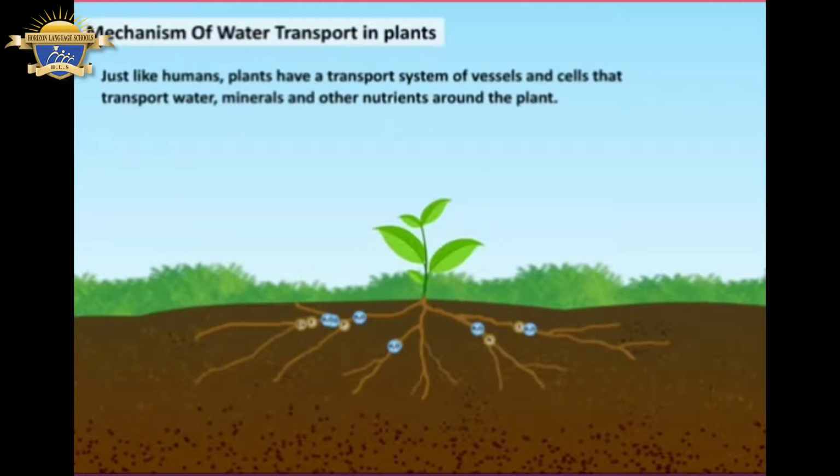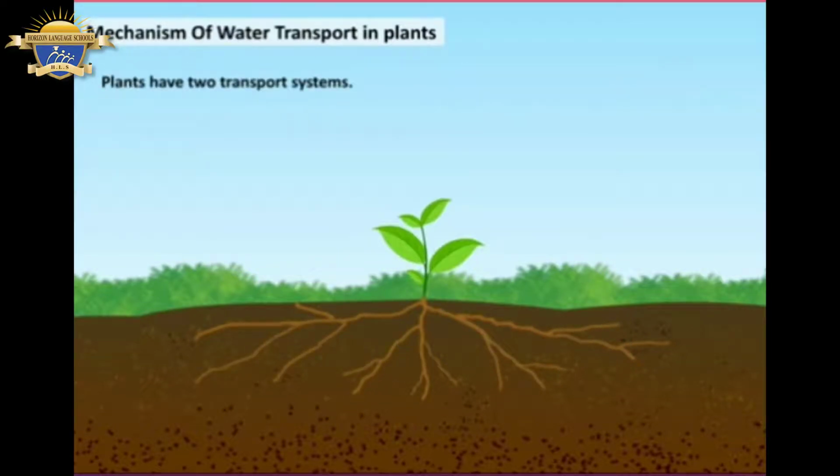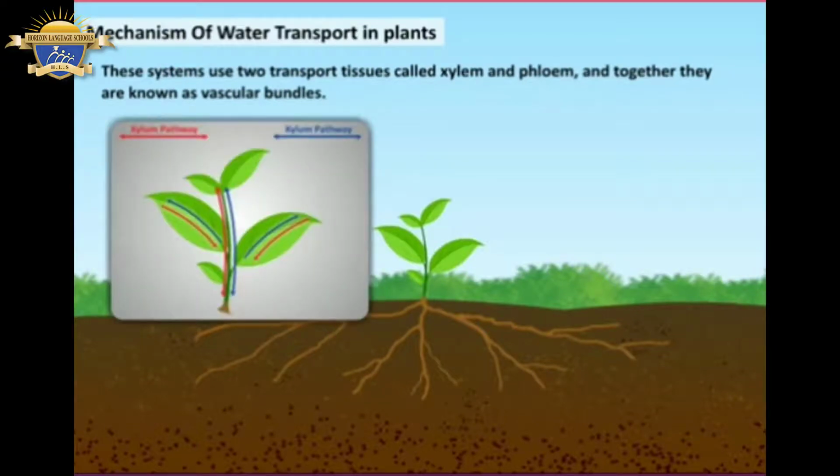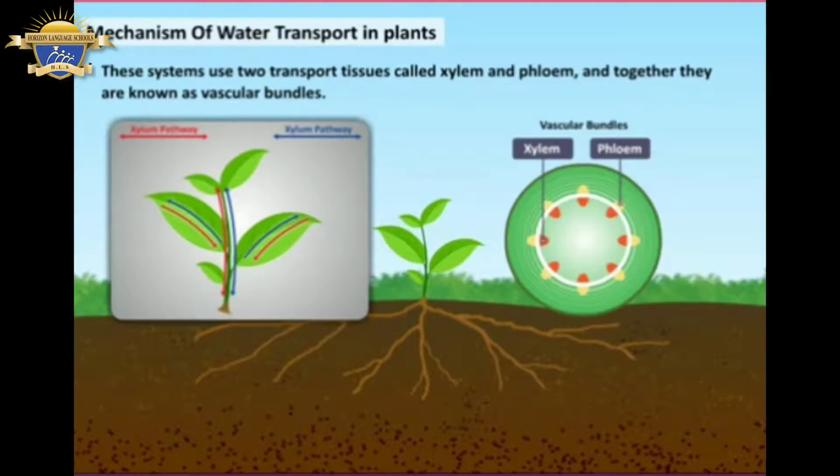Just like humans, plants have a transport system of vessels and cells that transport water, minerals, and other nutrients around the plant. Plants have two transport systems. These systems use two transport tissues called xylem and phloem, and together they are known as vascular bundles.